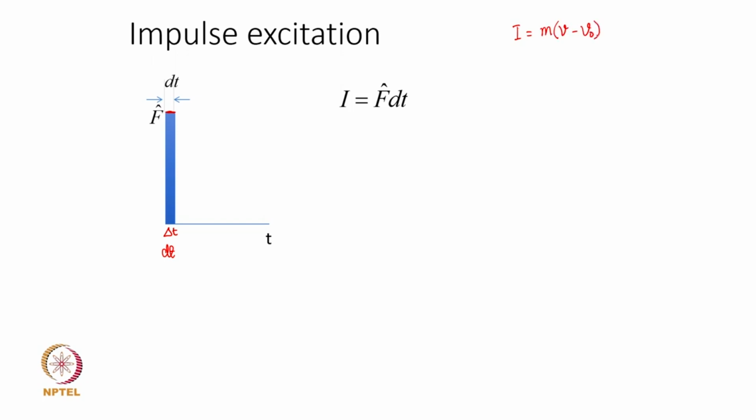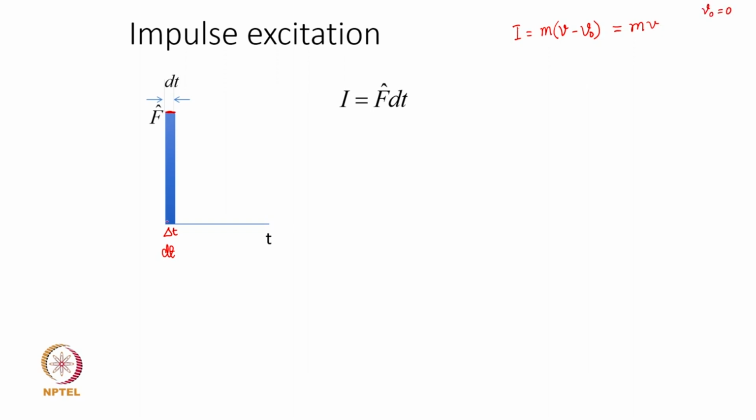The change in the momentum will be given by m into v minus v naught, where v naught is the initial velocity. Or you can write this as m delta v, if v naught is assumed 0. So, initial velocity is assumed 0.